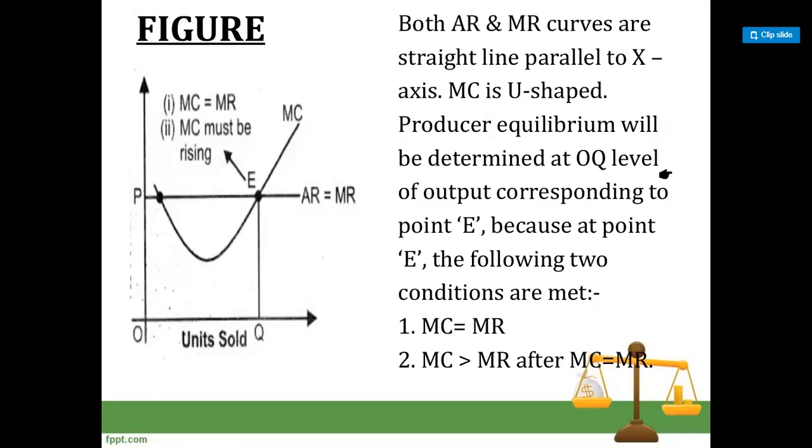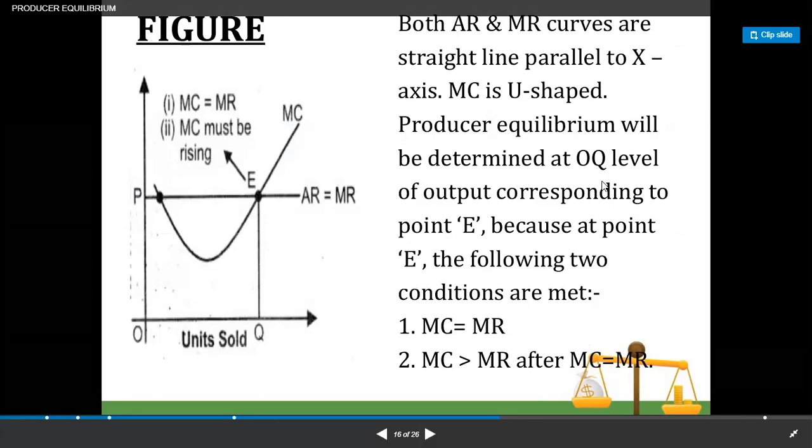And now I will explain this with the help of this figure also. The producer equilibrium is determined at the OQ level of output, corresponding to the point E here.